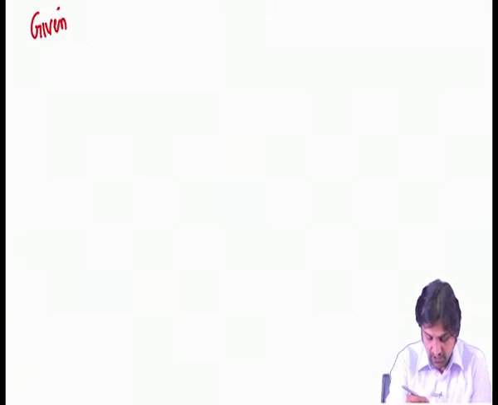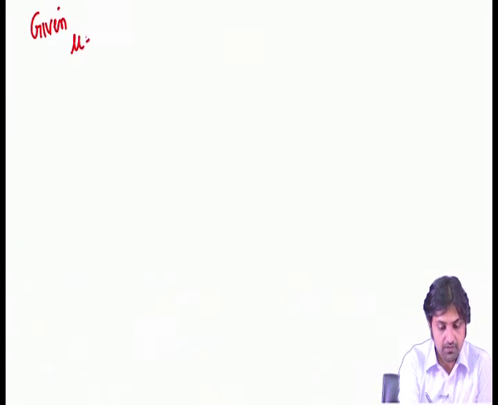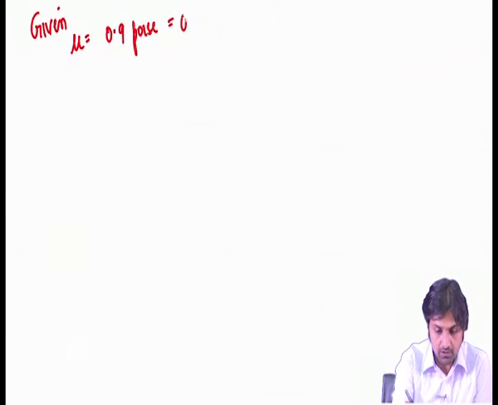As always, we are going to write the things that are given. The given thing is mu is 0.9 poise, or in SI unit 0.09 Pascal seconds.